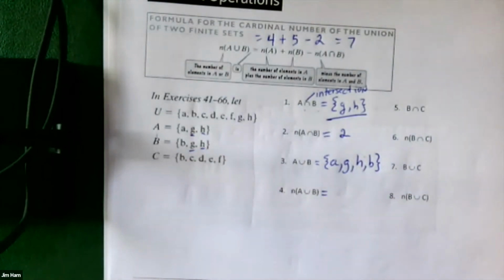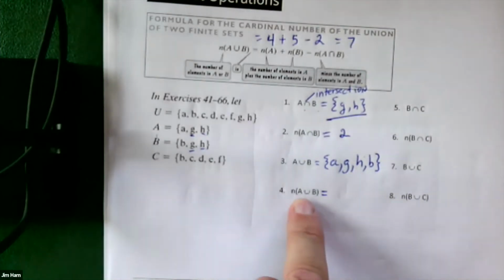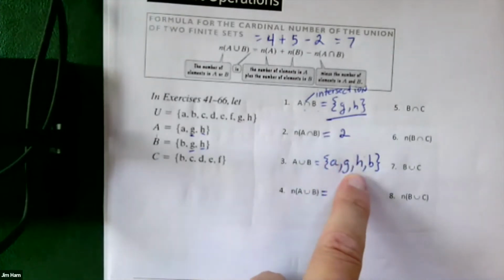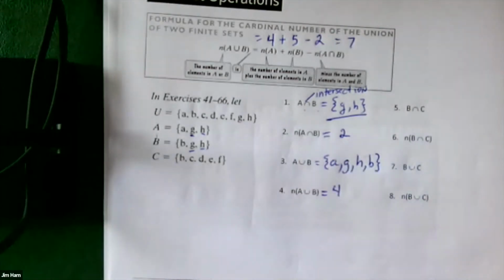Similarly, for number 4, the number in the union. And since we just identified the union set, this basically takes one more step and asks the question, how many elements are in that set that we just calculated? And you count them up, and you get 4.